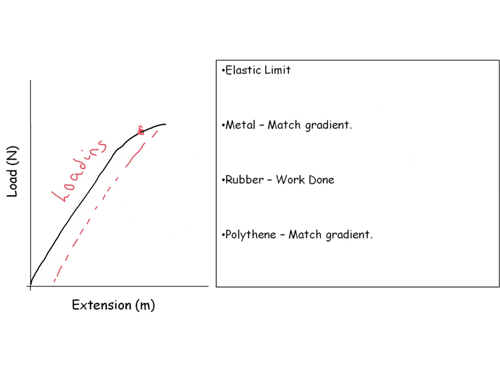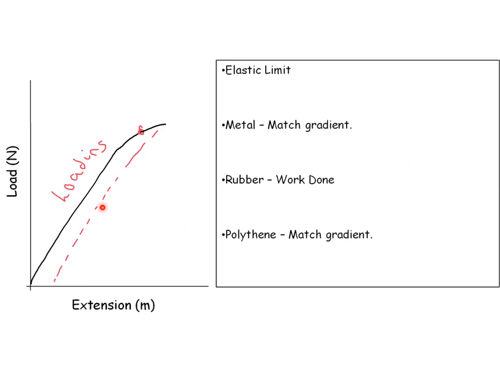Now that's important because one of the things when we're looking at loading and unloading curves is we want to know the amount of work done to load it and the amount of work we get out when we're unloading it, because sometimes there might be a difference, so there's a loss of energy, and sometimes they might end up being the same number.